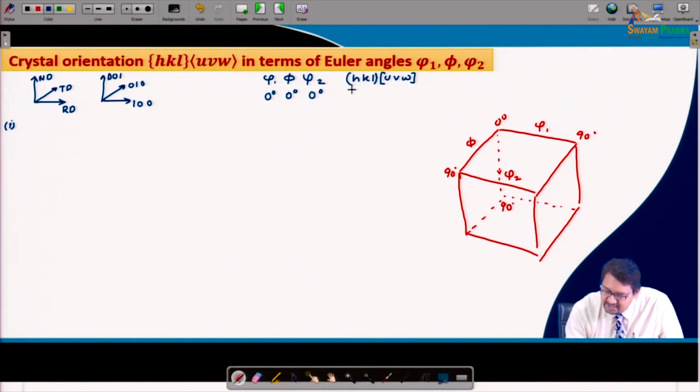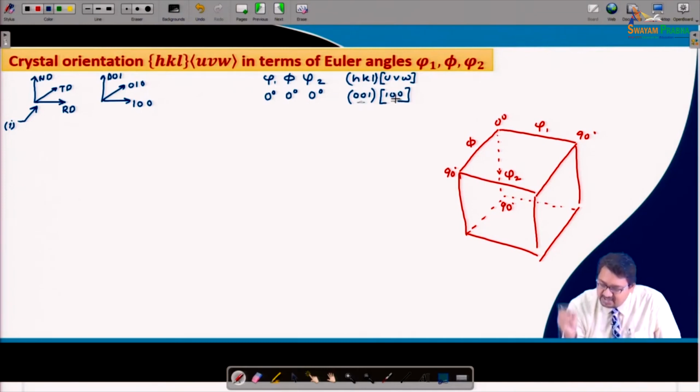So, the HKL UVW for this first condition, which is basically the starting condition itself without any rotation, is 0 0 1 as HKL and 1 0 0 as the UVW, that is the rolling plane and the rolling direction. Now let us write this position in terms of Miller indices in the Euler space. So, this position is basically 0 0 1 1 0 0.